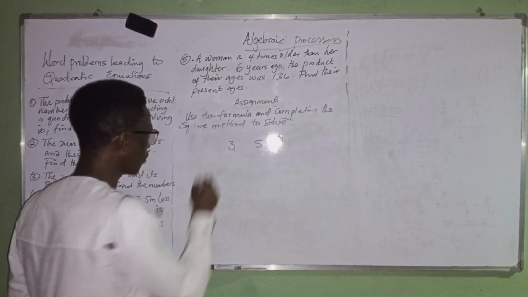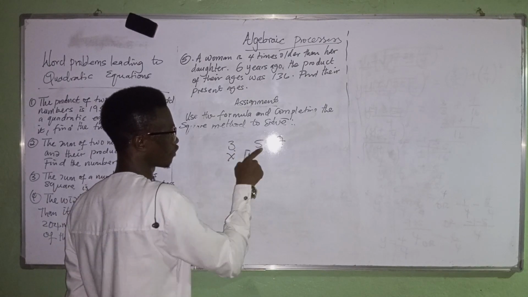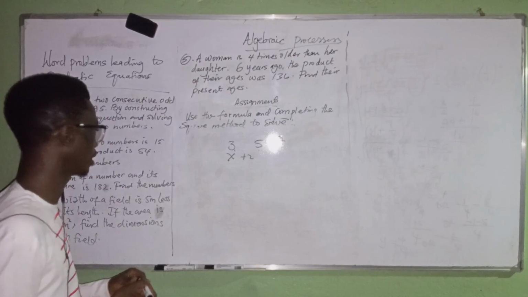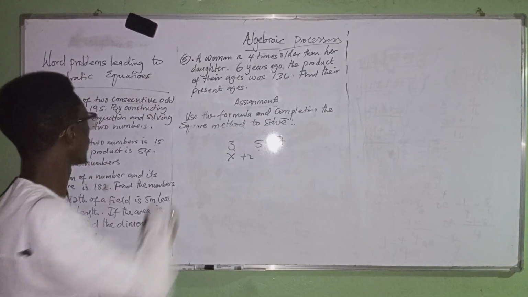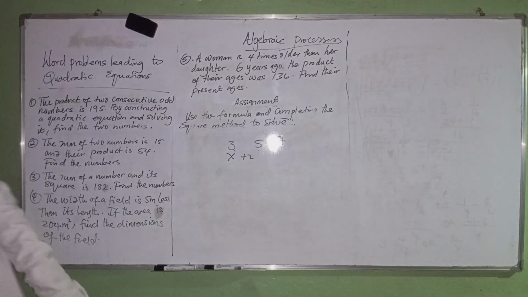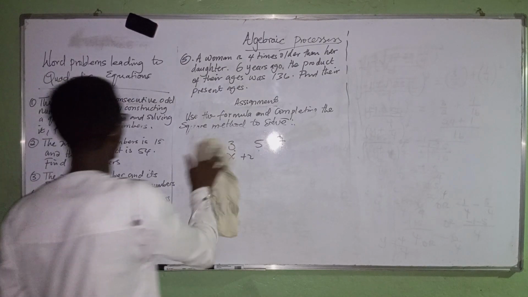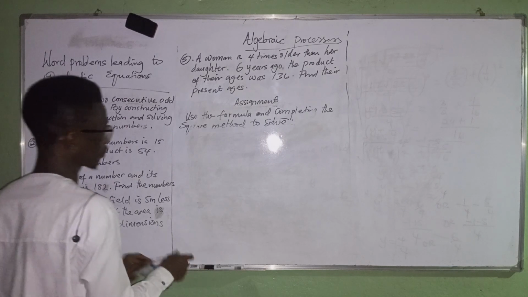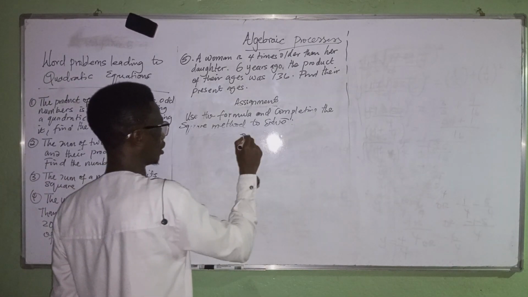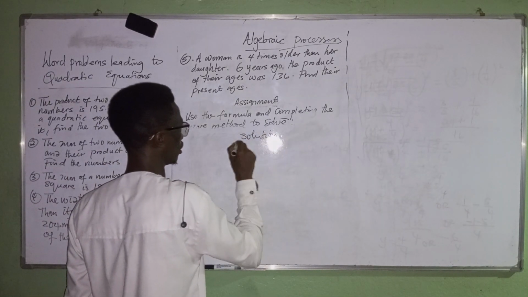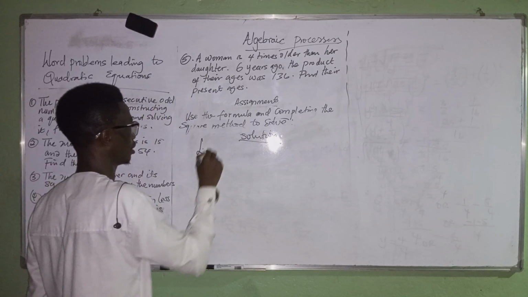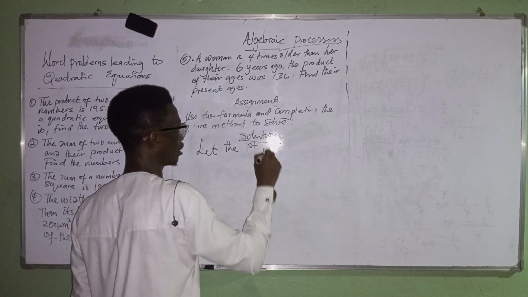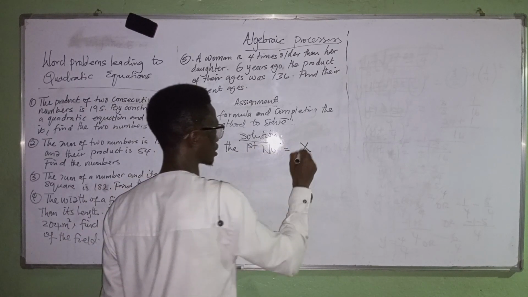So if one number is x, for us to get the next number, we have to add 2. So if the question says the product of two consecutive odd numbers, let the first number be x.